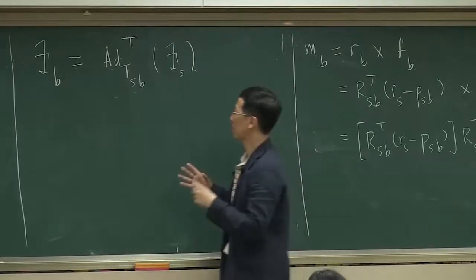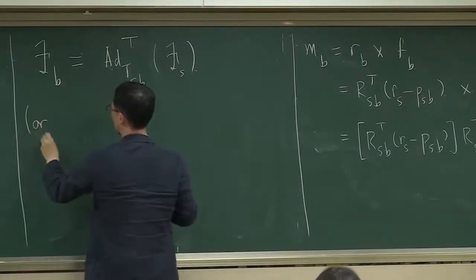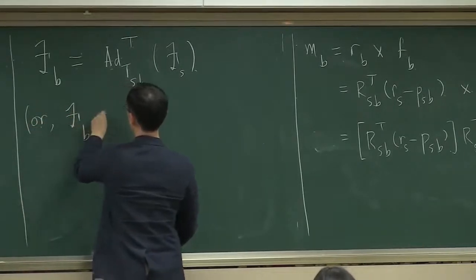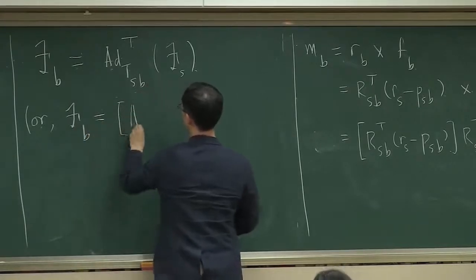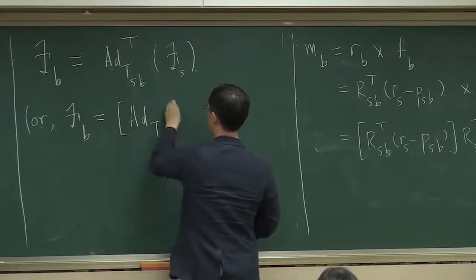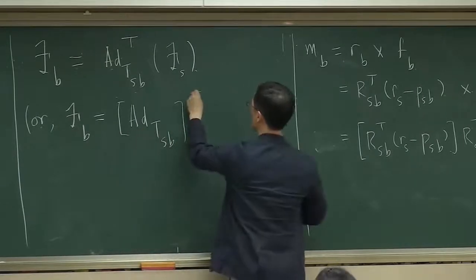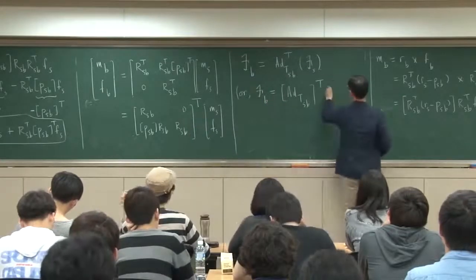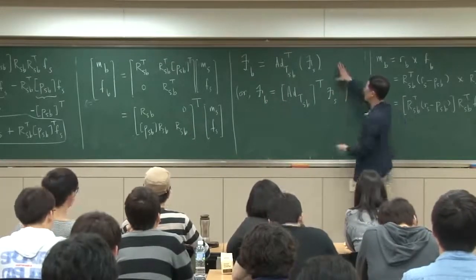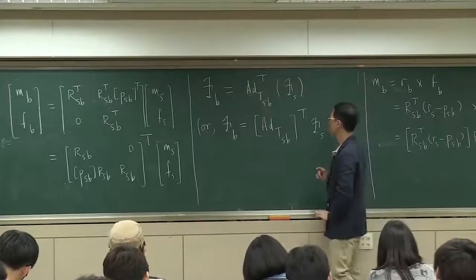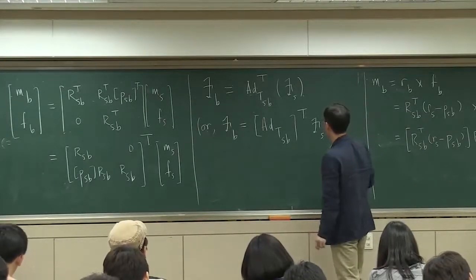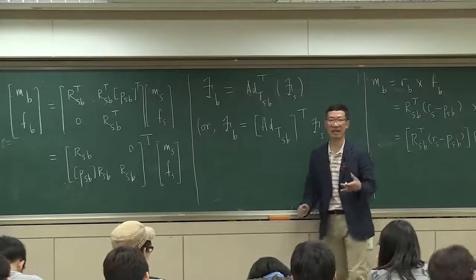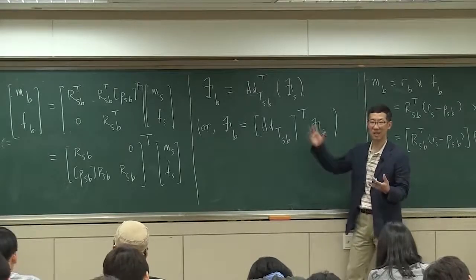Or if you prefer the more explicit matrix notation, we can write it this way. F_B is, remember this matrix, Ad_T_SB. So this is the 6 by 6 matrix, transpose, times F_S. Okay, they mean the same thing. All right. So we see that the adjoint comes up again.